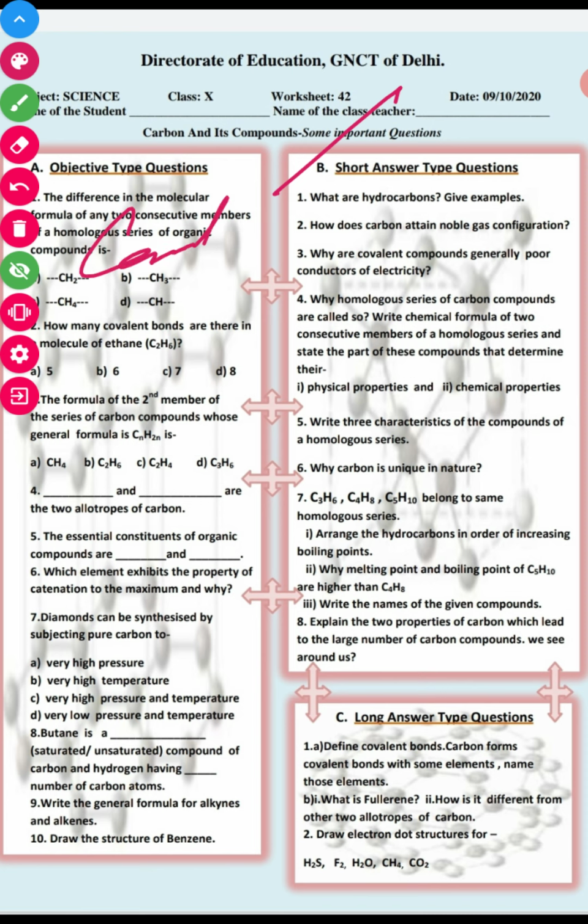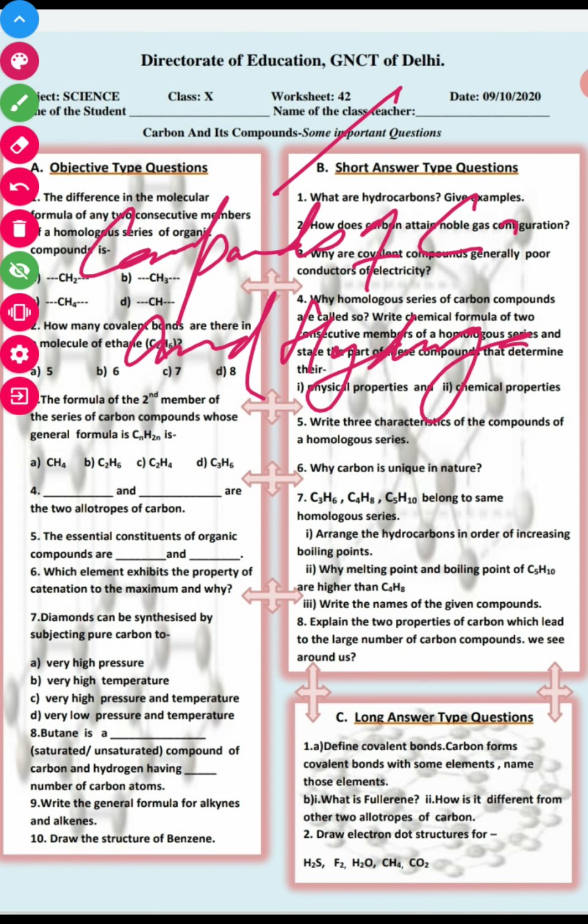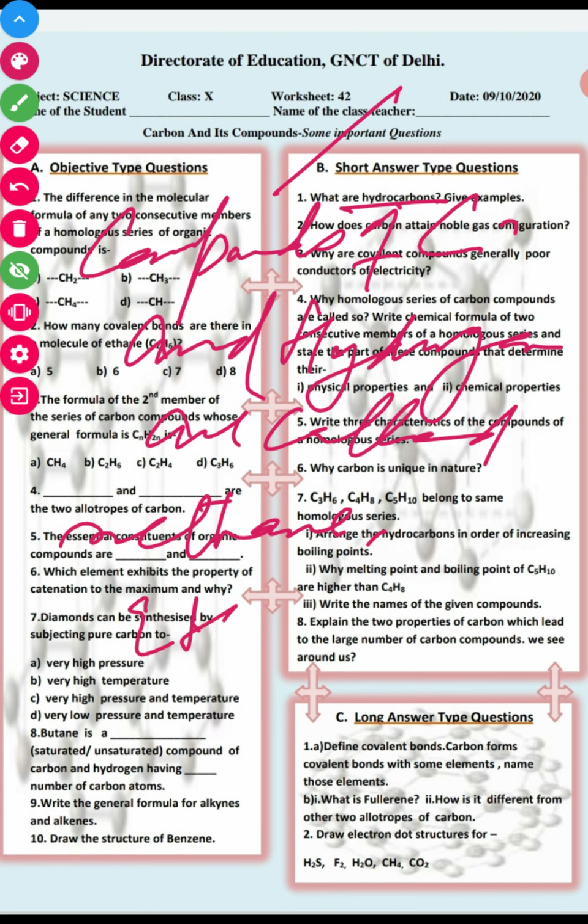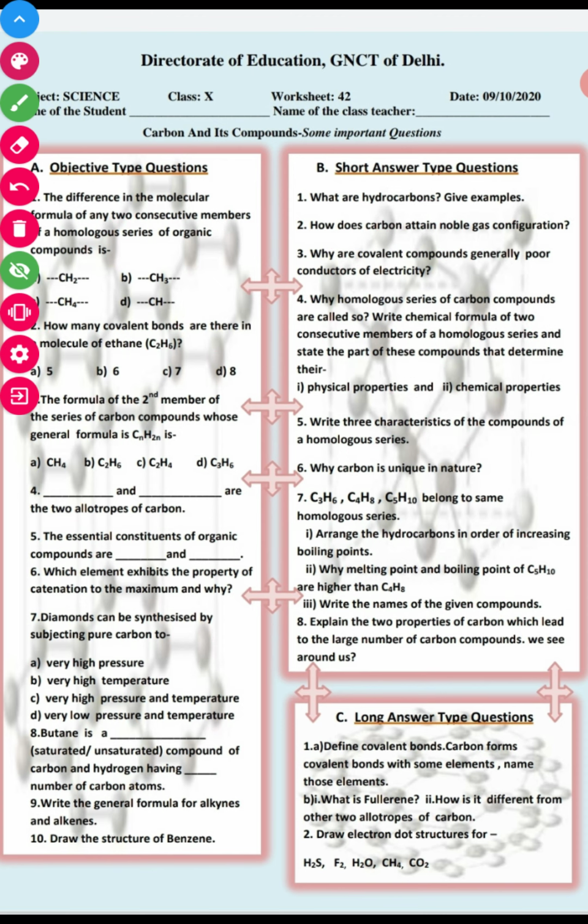The compounds of carbon and hydrogen are called hydrocarbons, and examples are like methane, ethane, propane, etc.